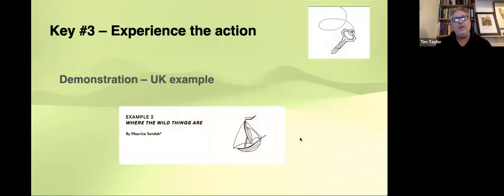Okay, that's the slides. Okay, so we're going to look at Where the Wild Things Are as the example, and the first step from the method is that you read the book up to the point of the story where you're going to invite the children in.